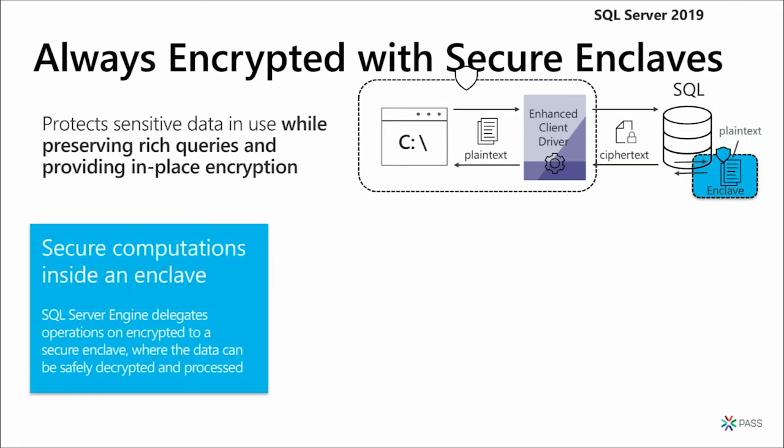So the essence here is that we have a so-called secure enclave that sits in memory of the SQL Server box. Inside of this memory region, which is protected, we can do anything with this data basically because we are decrypting the data inside the enclave. It's on the box where the administrator potentially has full power, but this enclaving technology allows us to guarantee basically that nobody can get to the memory region.